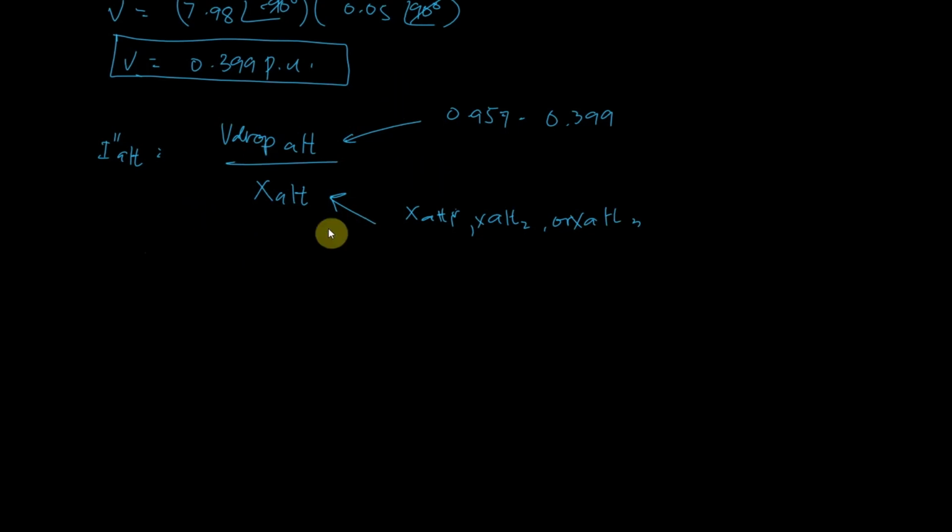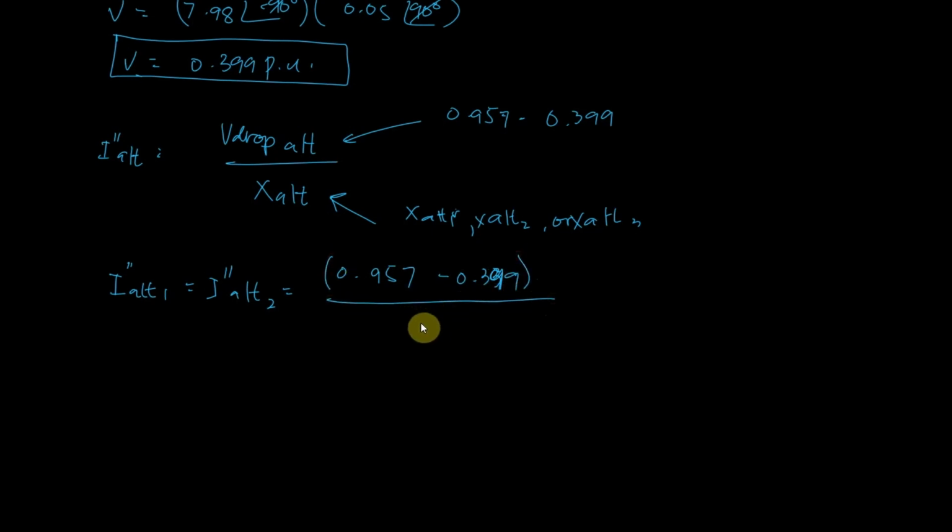So pag substitute natin yung mga values na yan, ang ating magiging sub-transient current sa alternator 1 is equal to sub-transient current din sa ating alternator 2 dahil identical nga yung ating dalawang alternators na yan, which is equal to 0.957 minus 0.399, sorry, that's 399, divided by yung reactance natin sa alternator 1 or 2, which is j 0.28.